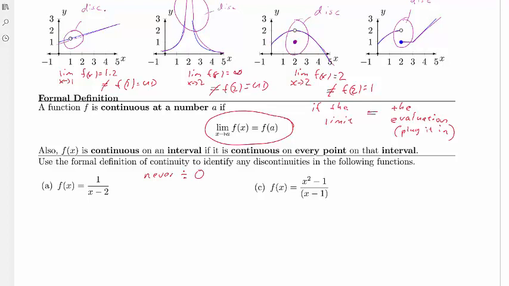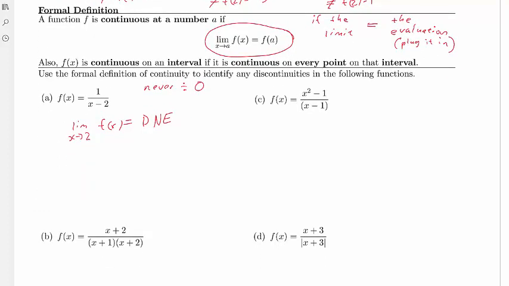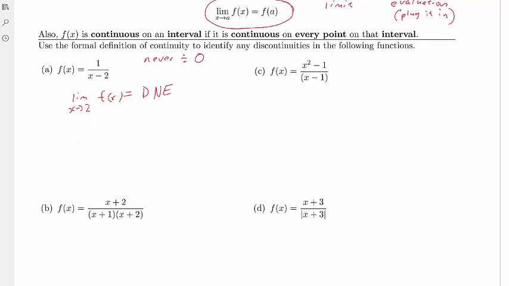All right, so 2 is going to be the number that we want to evaluate this at. So the limit as x approaches 2 of f of x actually does not exist. So that's as far as you need to go. If the limit doesn't exist, then you don't have continuity anyway. And that's true for regular continuity.